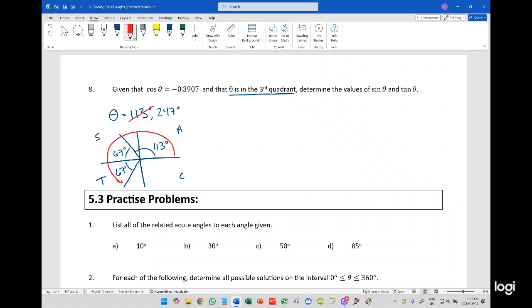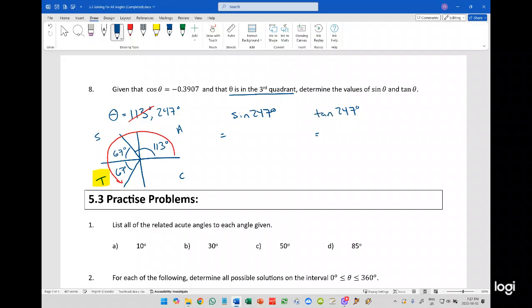And we want to determine the values of sine and tan. So this shouldn't be too hard now. We just do the sine of 247 and the tan of 247. And just before I do that, I'm going to look at this and say, wait, they're in the third quadrant. According to my CAST rule, in the third quadrant, only tan is positive. Oh, sorry. I put down cos up there, and I meant to write tan.